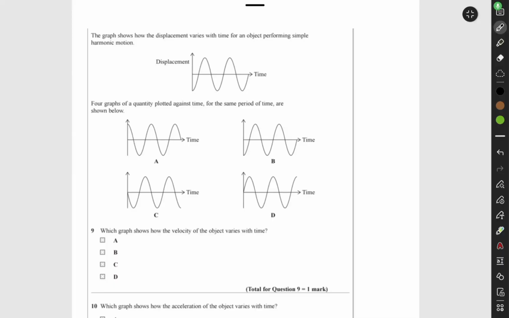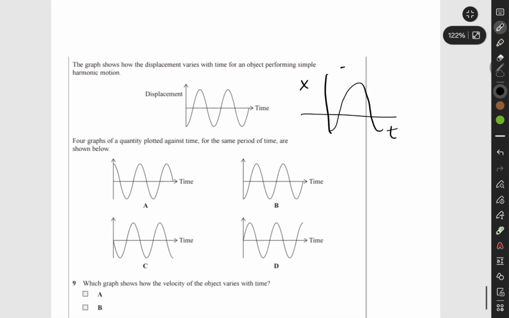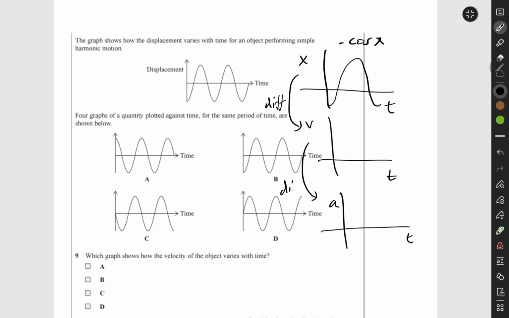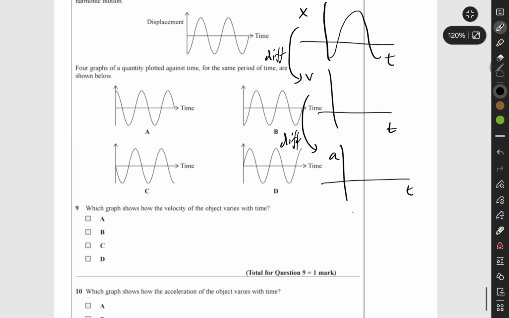The next, we're going to be looking at this question. So we've got the displacement time graph now. So it's going to be this, and this is actually going to be a minus cos x graph. So we're going to need the velocity time graph and then the acceleration time graph. Now we're going to have to differentiate. Okay, so I'm going to write sin x, minus sin x, cos x, minus cos x. So now we're going to be going clockwise.